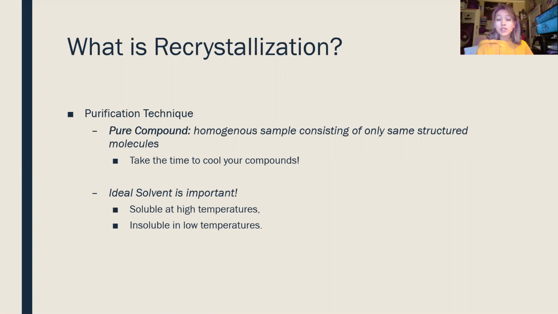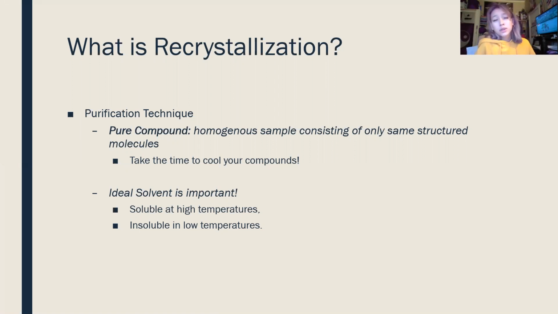A pure compound is a homogeneous sample with the same molecules, basically what you're trying to get. And if it's not pure, then there are going to be impurities, which are basically whatever is not what the pure compound is supposed to be.